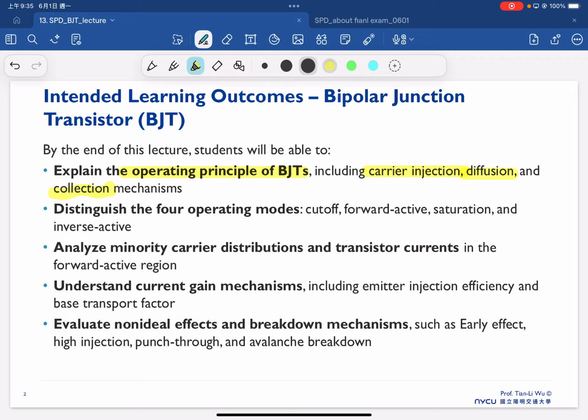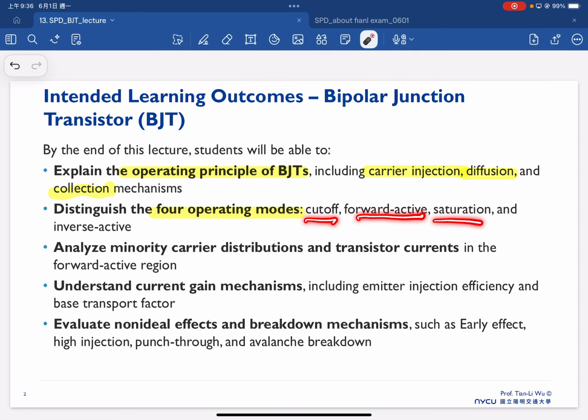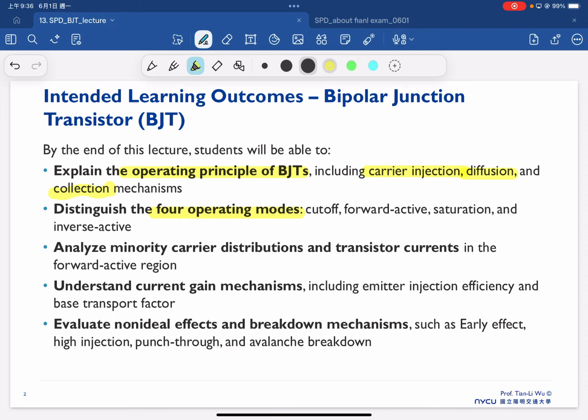And for the BJT we have 4 different operation modes, which include cutoff, forward active, saturation, and inverse active. And it's also very important to understand the minority carrier distribution and the transistor currents, especially focusing on the forward active region, and also to understand the current gain mechanism.